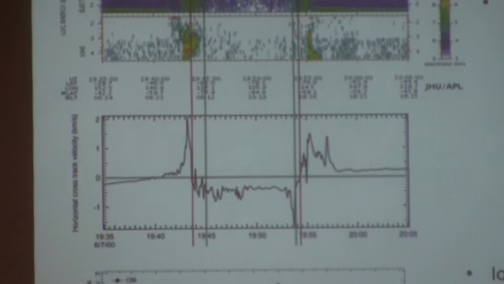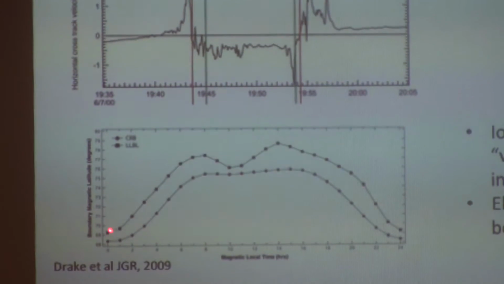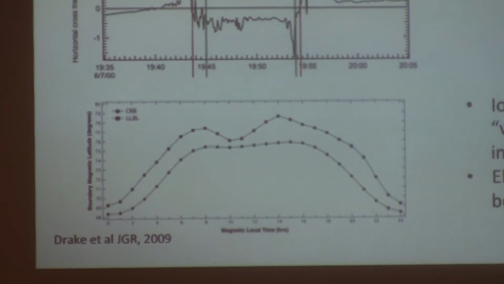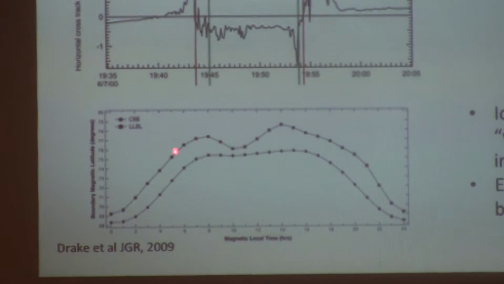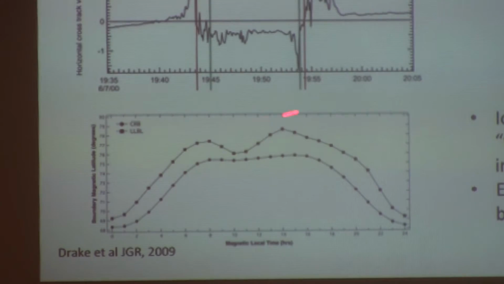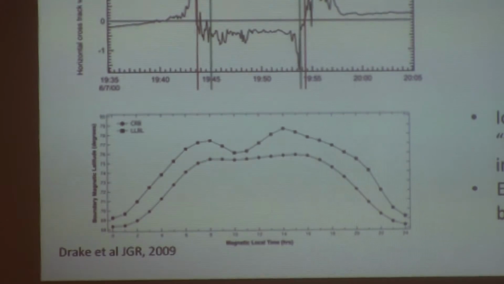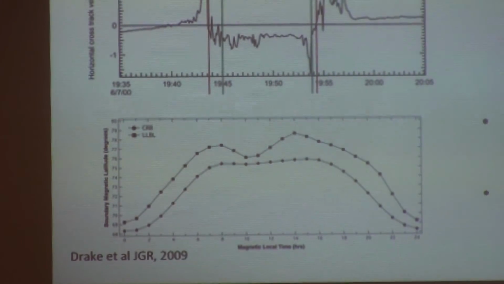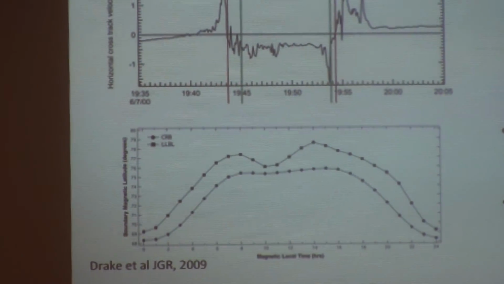If you look statistically at the location of the convection reversal boundary, shown here, and the location of the particle boundary, you'll see that it consistently appears at higher latitudes. And so this is a signature of two drivers for the convection.